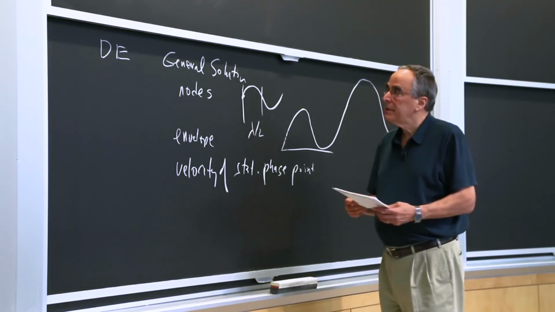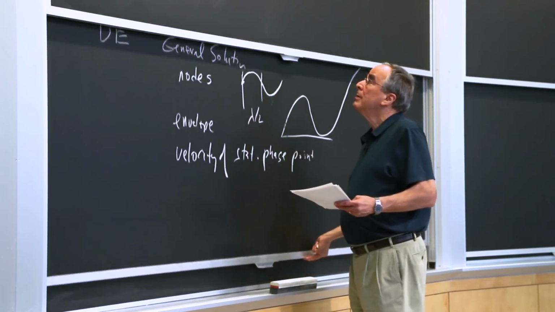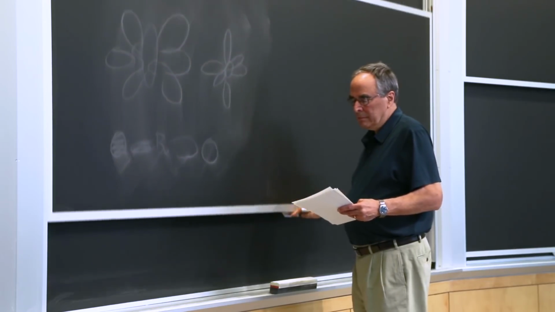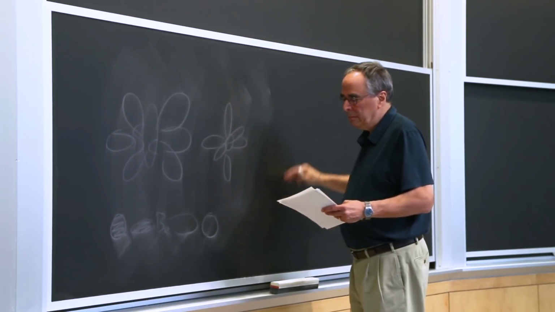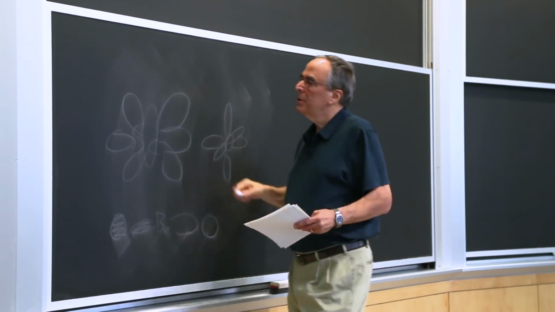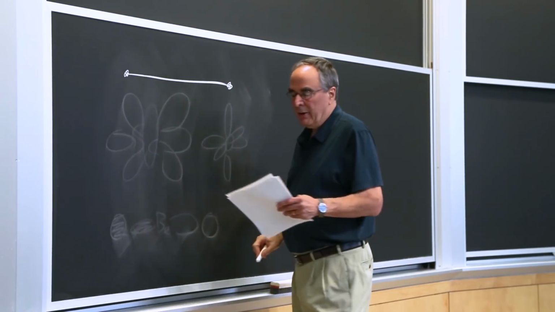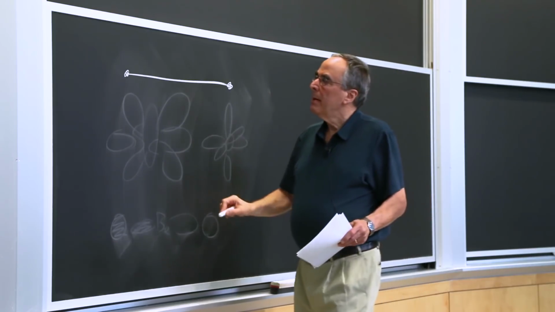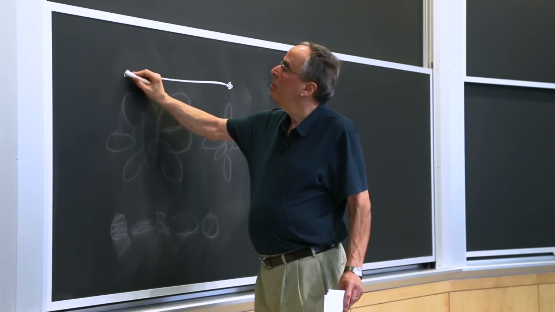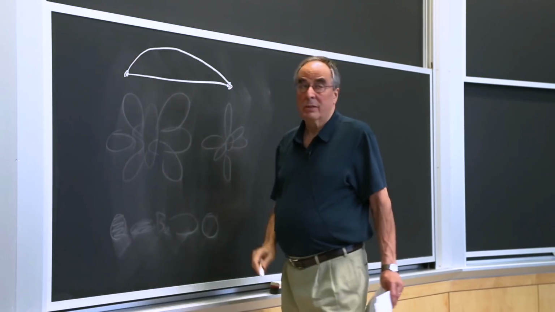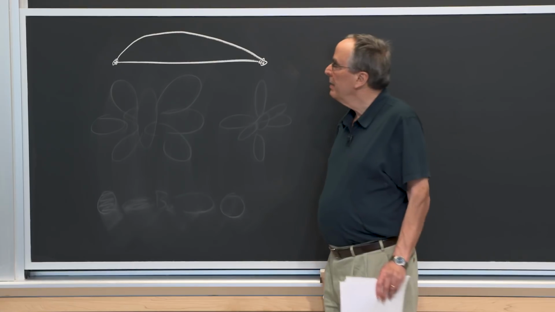Okay. So let's get to work on a real problem. So we have a string that's tied down at 2 points. And so let's look at distortion of that string.